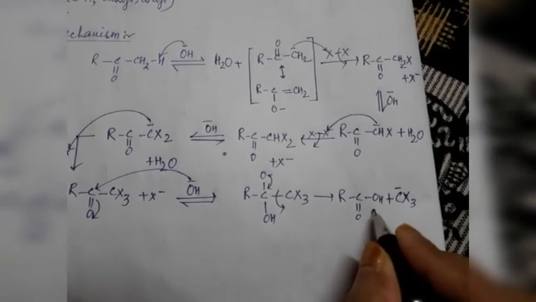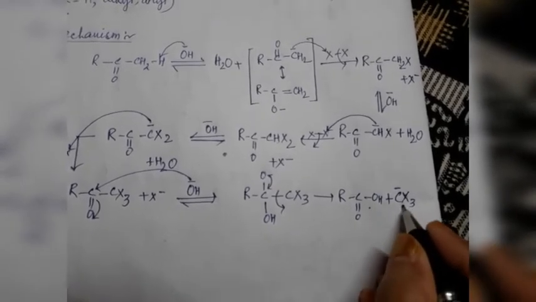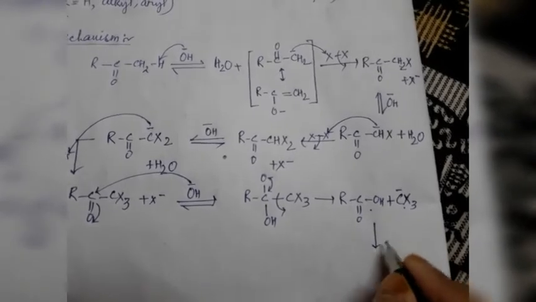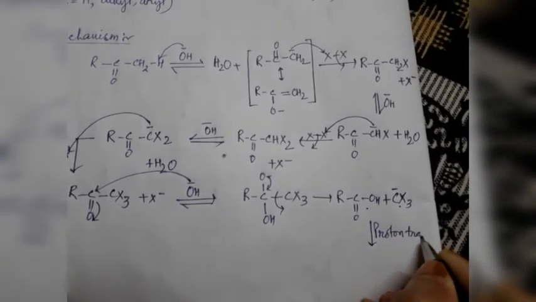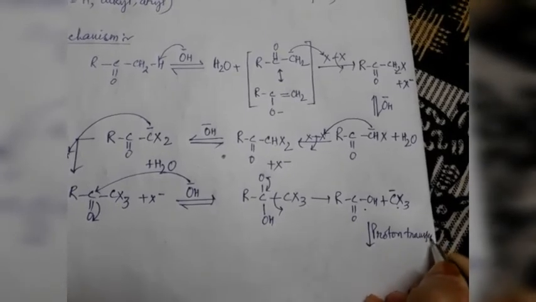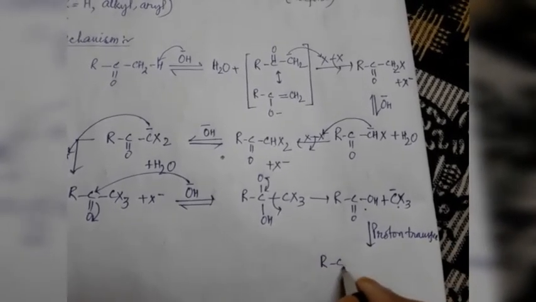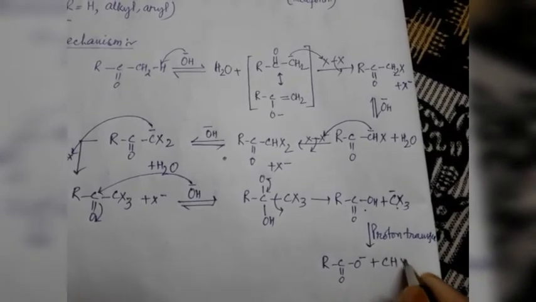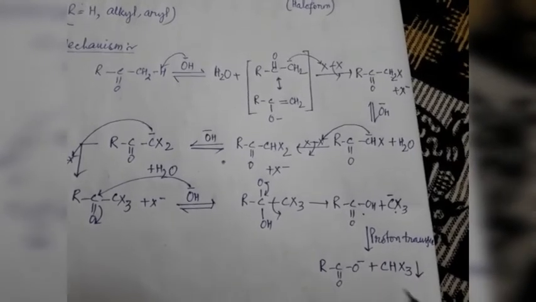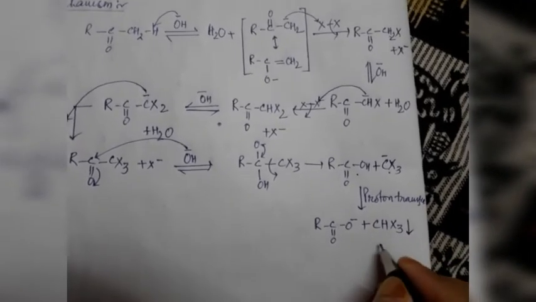So one proton will be transferred from this one to this one. So now proton transfer will occur. So RCOO negative, that means carboxylate anion, we will have it in the form of a salt, and haloform is produced. So this is haloform.